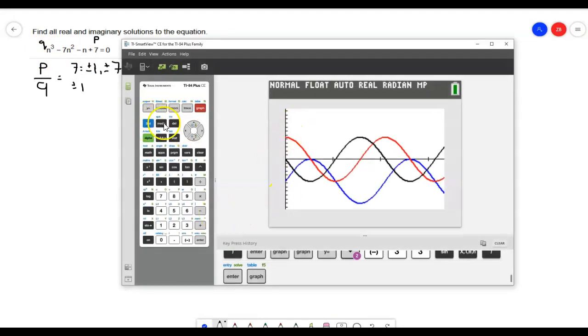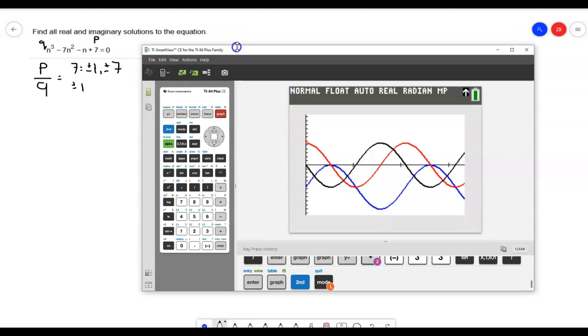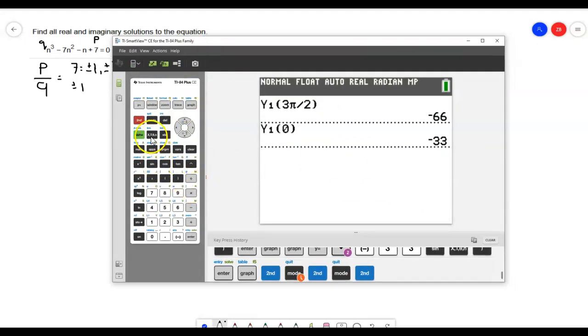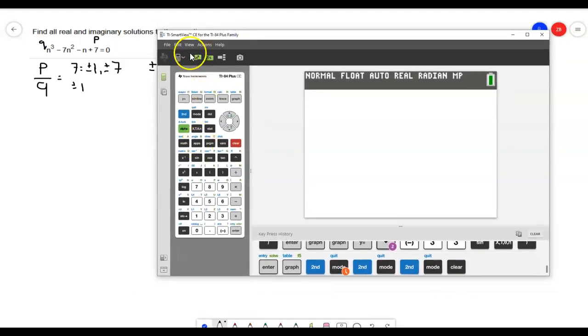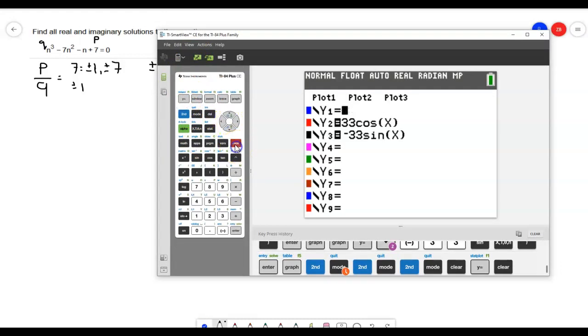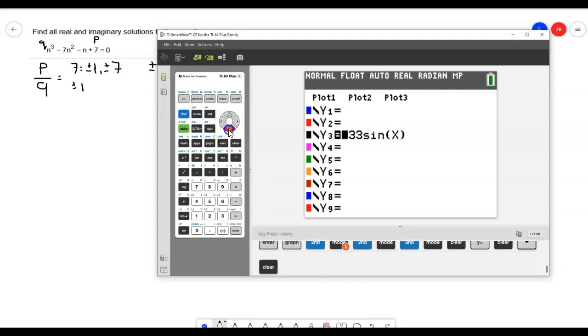So what I'm going to do here is go to second quit. All right, so clear this out. So what I am going to do is go ahead and go to my y equals, and let's clear all this out. I was using that for another class, so we're going to put this equation in here.